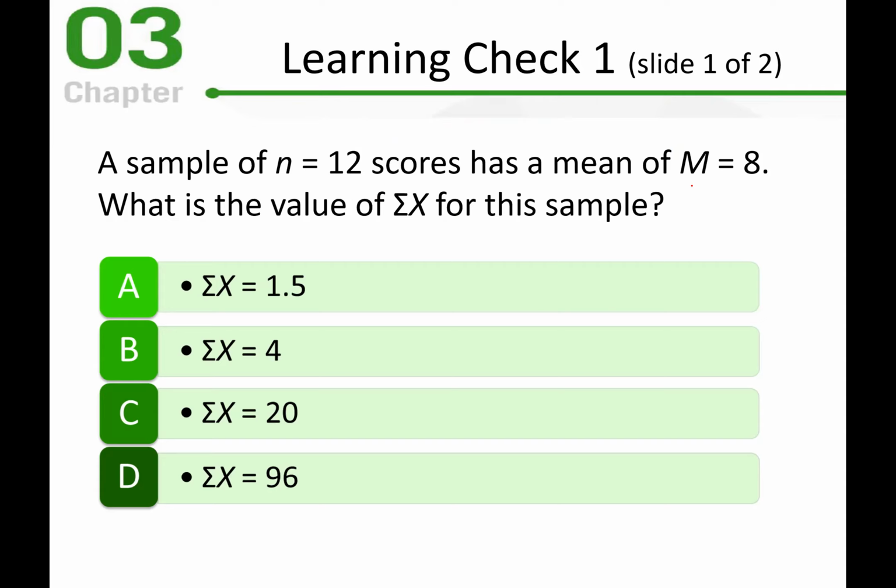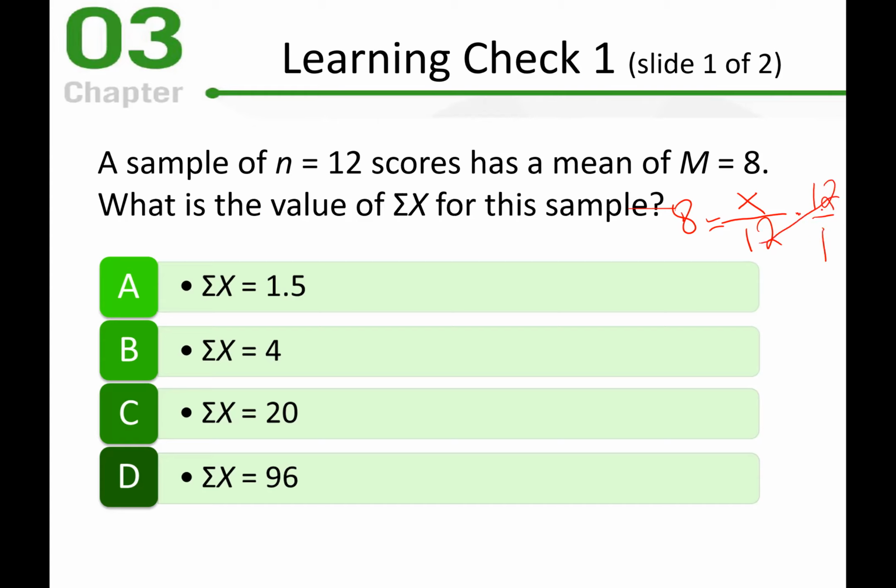If it was an algebraic equation, it would look something like this. X over 12 equals 8. Remember, you want to isolate the X, so you would multiply this by 12 over 1 to get rid of the 12.